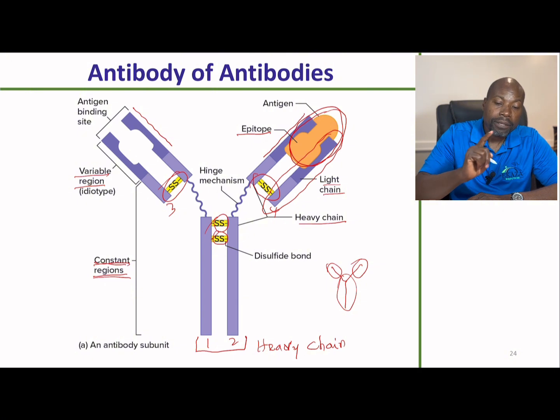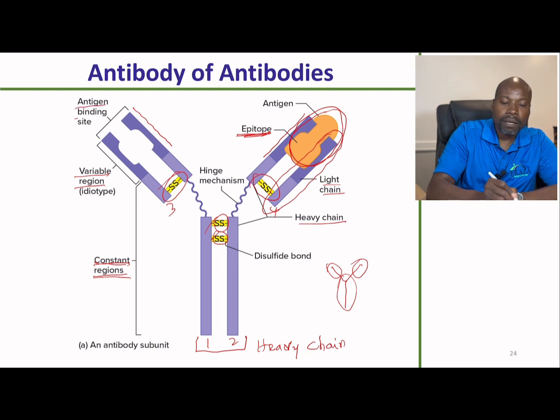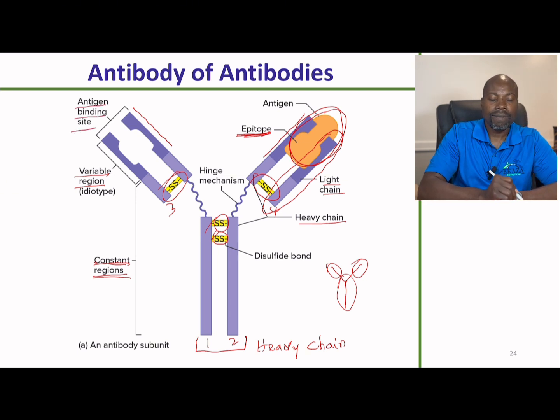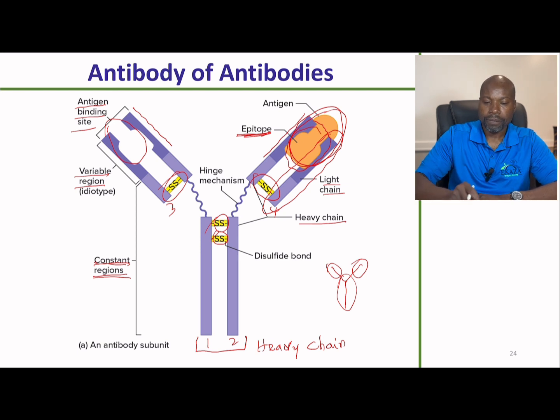The epitope is the area of the antigen where the antibody is binding. This is the antigen binding site, so this is where the epitope is going to sit. This area being the epitope.